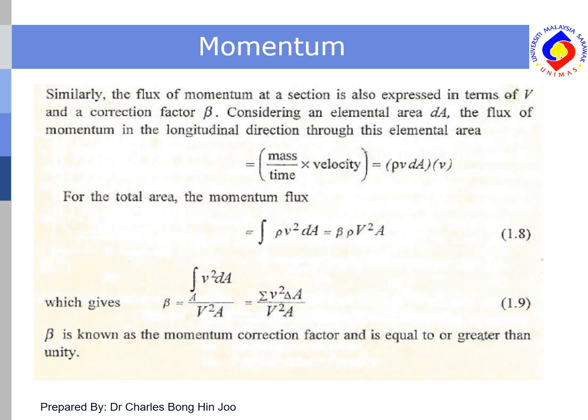Hence, for the total area, the momentum flux is as given in equation 1.8, and through rearrangement, it can be defined as in equation 1.9. This beta is known as the momentum correction factor and is equal to or greater than unity.